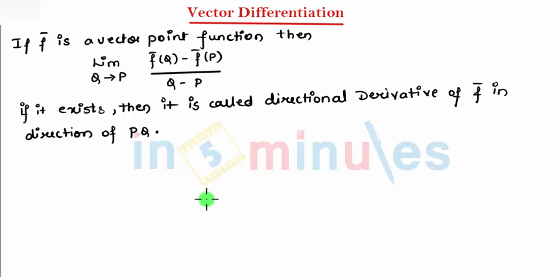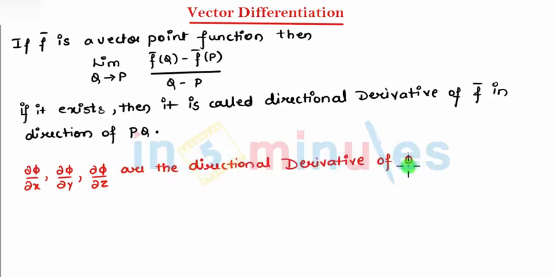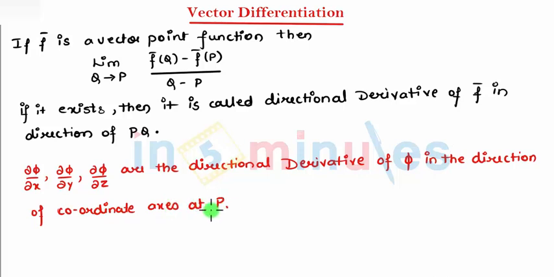Now when we say directional derivative, it is nothing but the differentiation, the derivative we are finding. If it exists, then we can say it is directional derivative. On the basis of this, I can write that dou phi by dou x, that is differentiation of phi with respect to x, dou phi by dou y and dou phi by dou z are the directional derivatives of phi in the direction of coordinate axes at p.